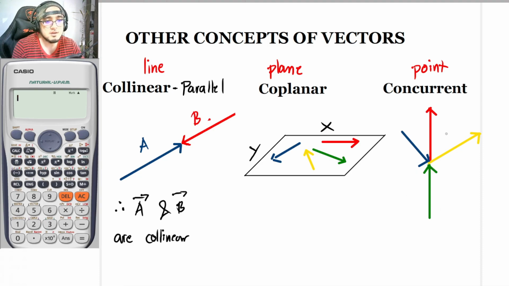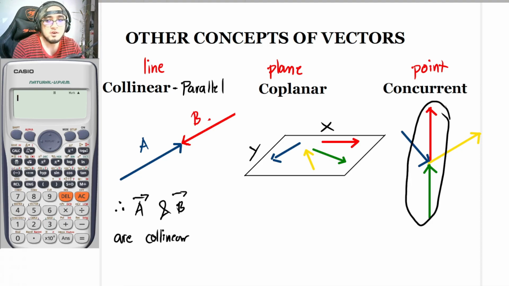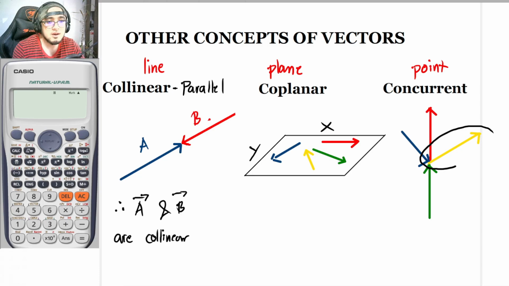So the red and the green are considered collinear concurrent vectors. Assuming they lie on the same plane, they are collinear coplanar concurrent vectors. And if this vector and this vector share the same plane, they are concurrent coplanar.